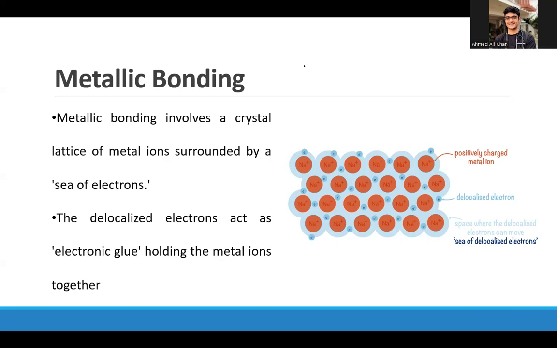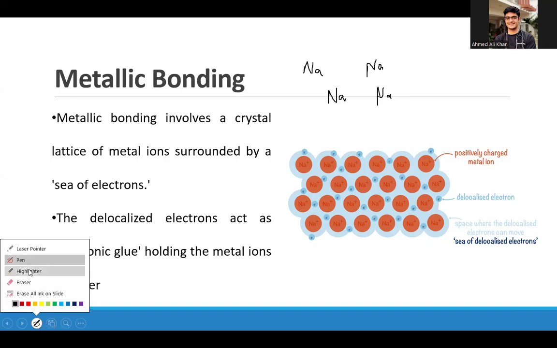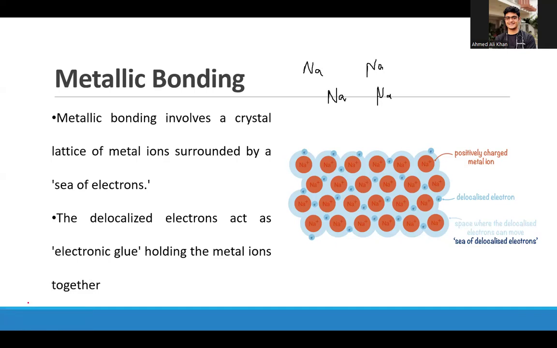So for example, if you have one sodium atom here, another sodium atom here, and another one here, you have multiple sodium atoms. Since metals have electrons which are delocalized, what is the meaning of delocalized? Anyone tell me?